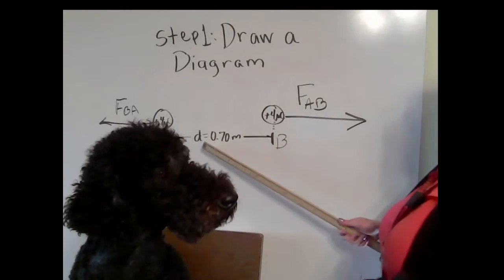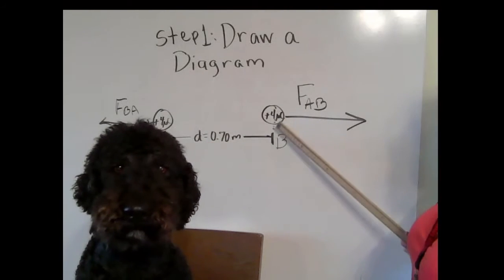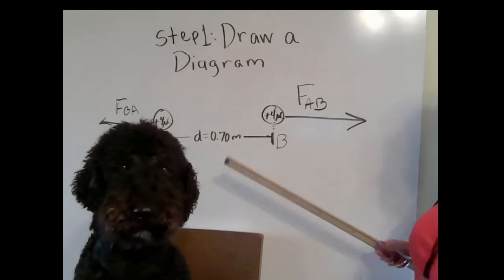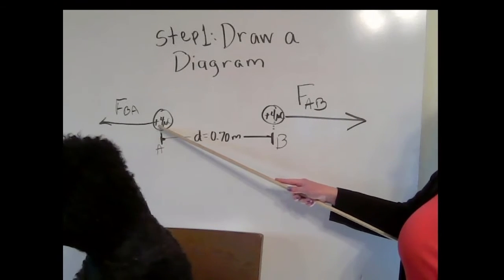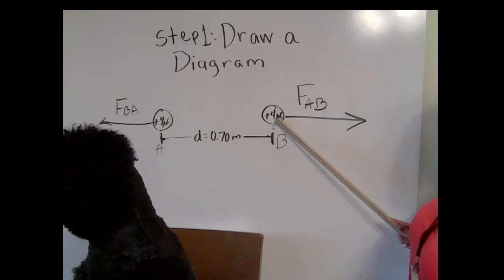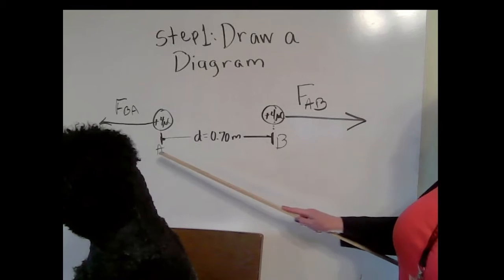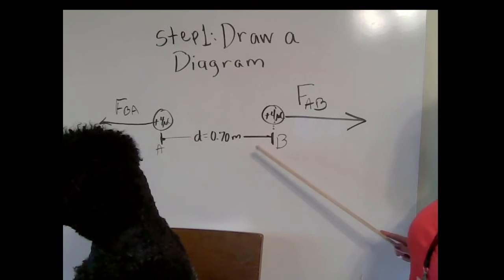So here I have a diagram of 2 point charges, A and B, and I wrote down that you have a positive 4 microcoulomb charge for A and a positive 4 microcoulomb charge for B. The separation distance from the center is 0.70 meters.